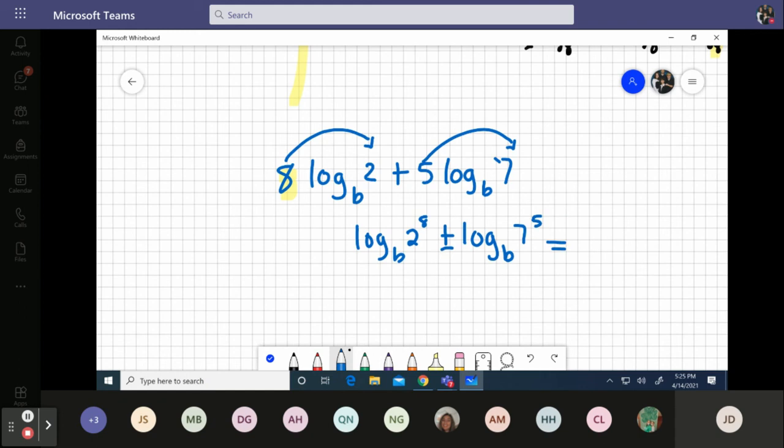And then that addition is going to go to multiplication between 2 and 7 times 7 to the 5th. And I don't know if they did. I'm assuming they did because that would be an ungodly number, just leaving it. I mean, whew.